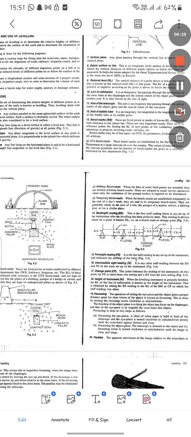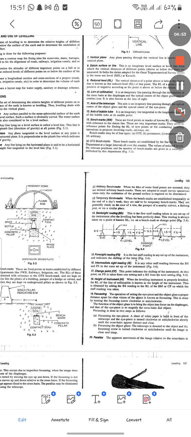Datum surface or line. It is an imaginary level surface or level line from which the vertical distance of different points, that is above or below this line, are measured. In India, the datum adopted for the Great Trigonometrical Survey, that is GTS, is the mean sea level.